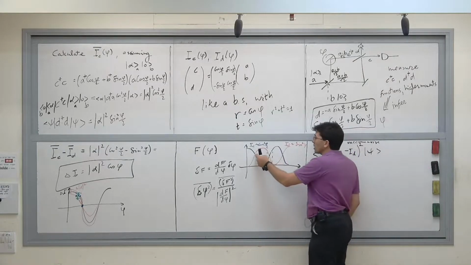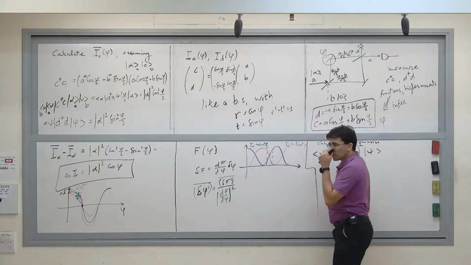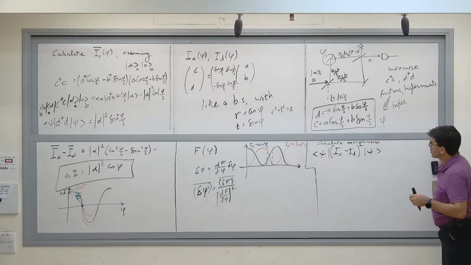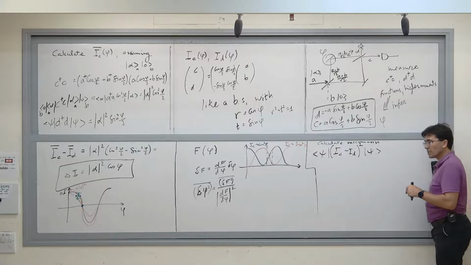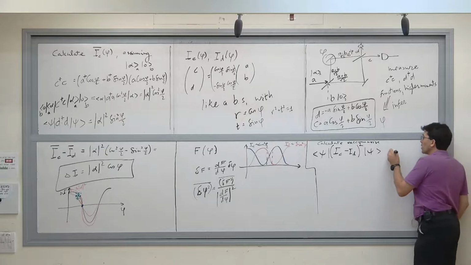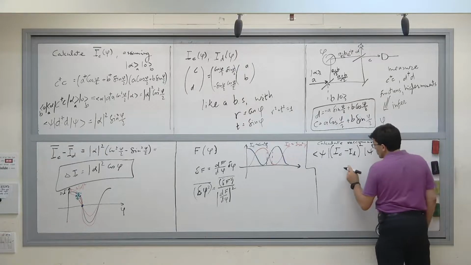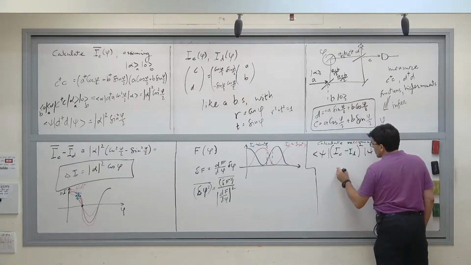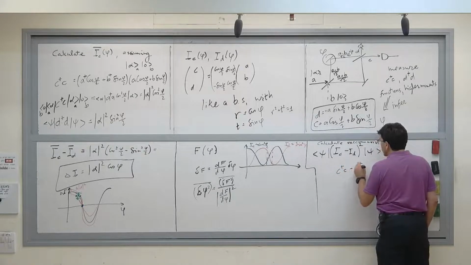We want to look here. And here the first moment is 0. Yes. But the average we found already. So this is what we need to calculate now. What is C dagger C minus D dagger D, squared?